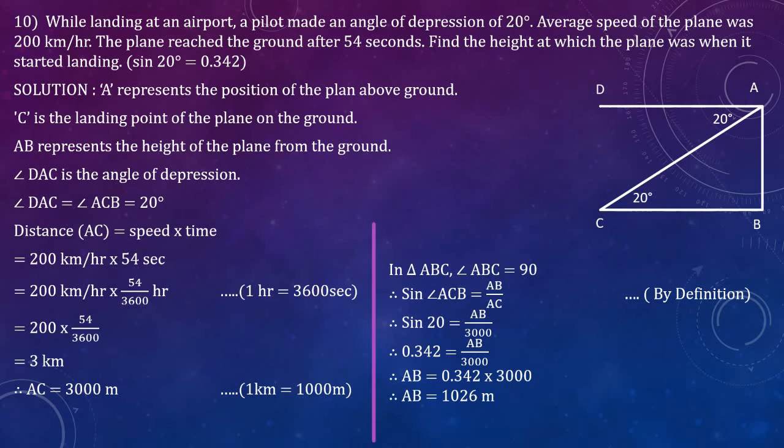So AB is equal to 1026 meters. So therefore the plane was at a height of 1026 meters when it started landing. So hence we get the value of AB as 1026 meters.